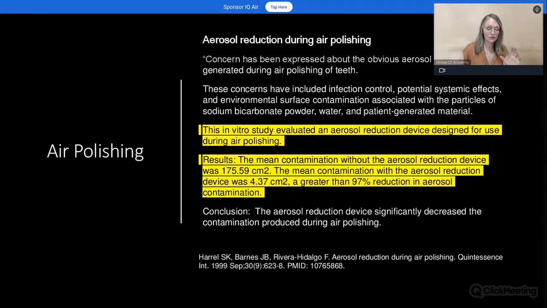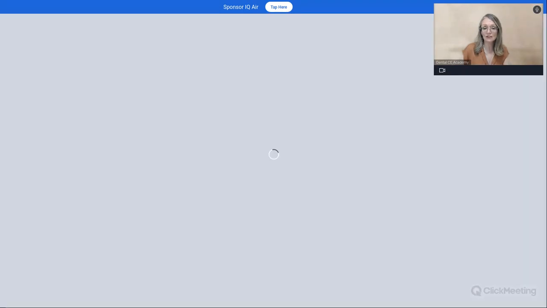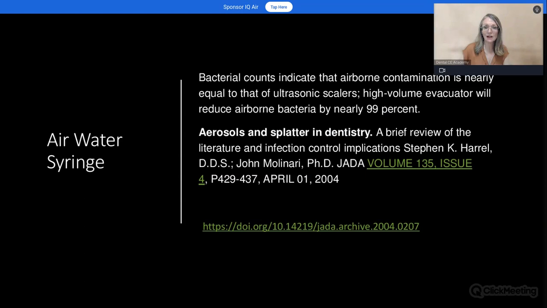So if you are using air polishing in your practice, hopefully you have significant intraoral and extraoral air mitigation devices that you're using, because those fine particles are not good for you. All right, air water syringe here: bacterial counts indicate that airborne contamination is nearly equal to that of an ultrasonic scaler.